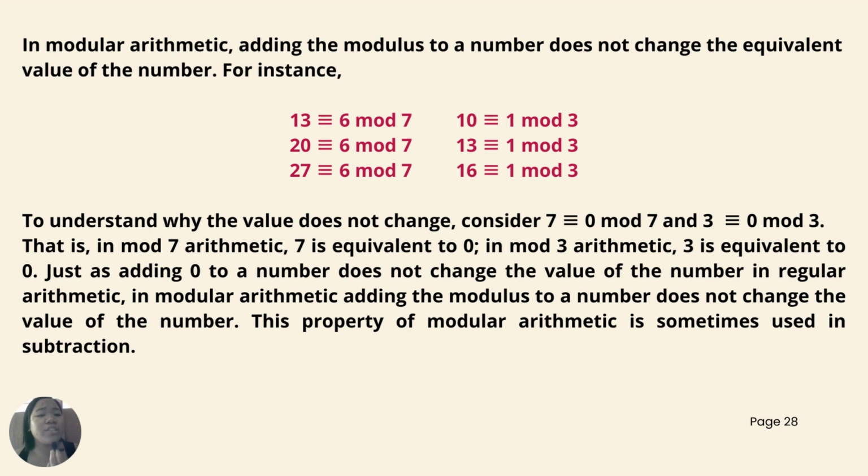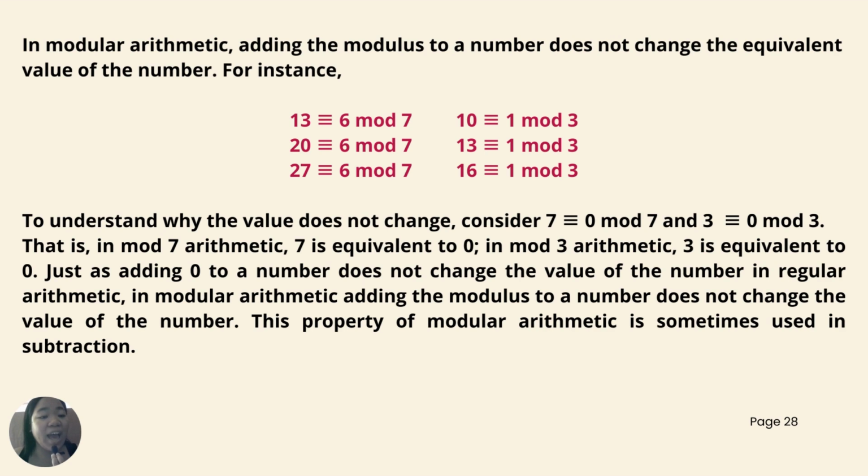To understand why the value does not change, let us consider 7 is congruent to 0 mod 7, and 3 is congruent to 0 mod 3. That is, in mod 7 arithmetic, 7 is equivalent to 0, and in mod 3 arithmetic, 3 is equivalent to 0.